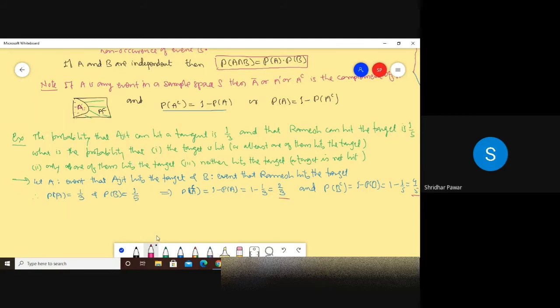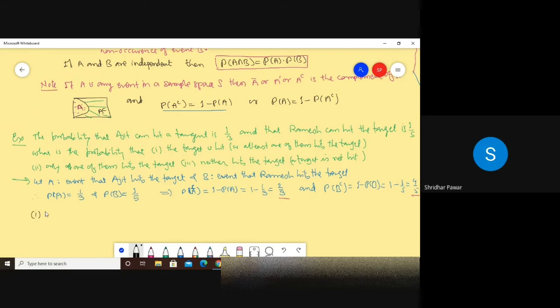Now see what is the first answer that you are interested in. The target is hit means either Ajit or Ramesh, कोणीतरी टार्गेट हिट करेल. म्हणजे either Ajit will hit or Ramesh will hit, means probability of A union B, either A will hit or B will hit. कमीत कमी एक जण तरी हिट करेल टार्गेट.